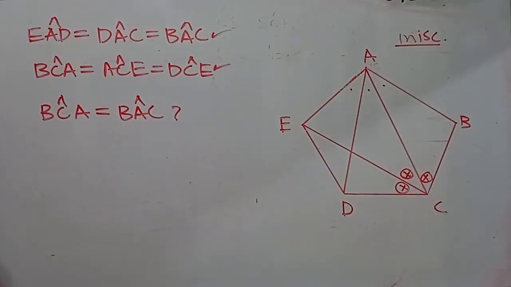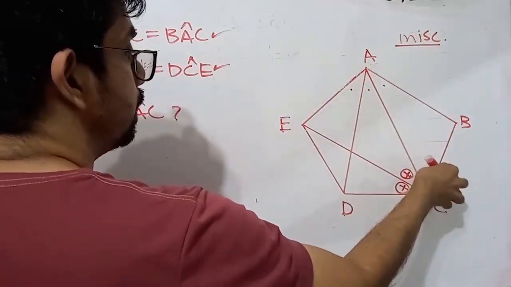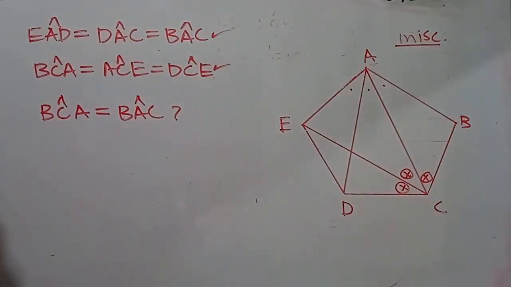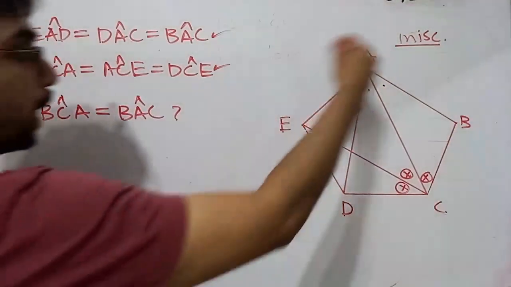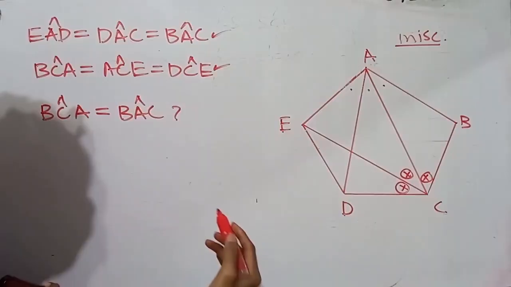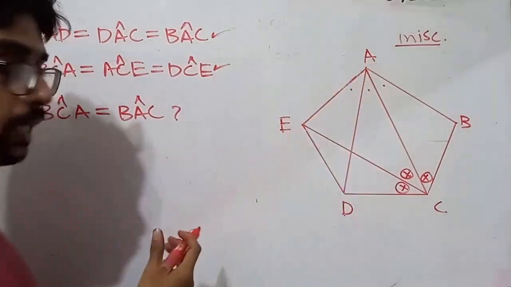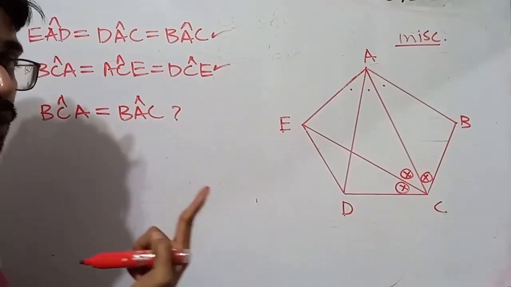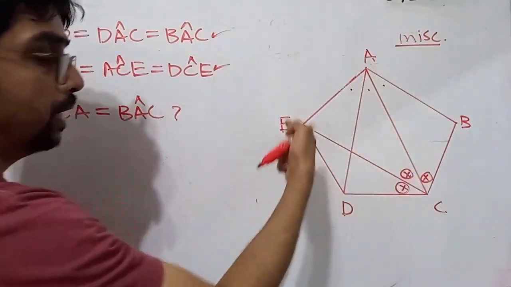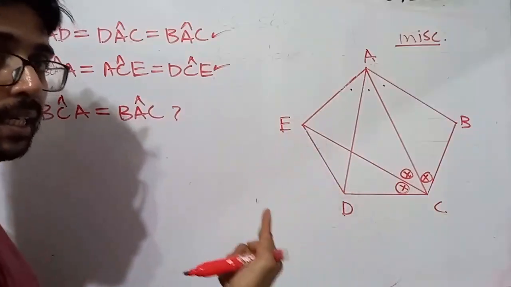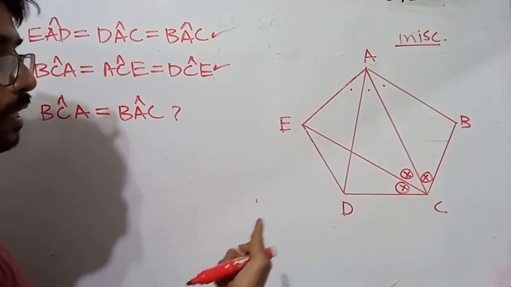BCA, that means this angle. Then we have BAC, right? So this is a regular pentagon, no? Regular pentagon means this pentagon has two special characteristics. One, each of these sides are equal in length, and all internal angles are equal in magnitude.